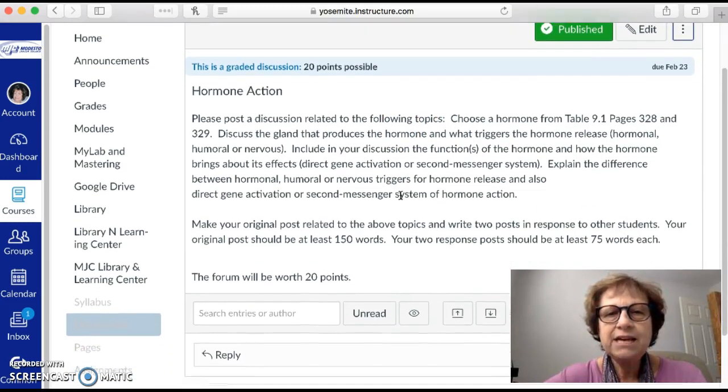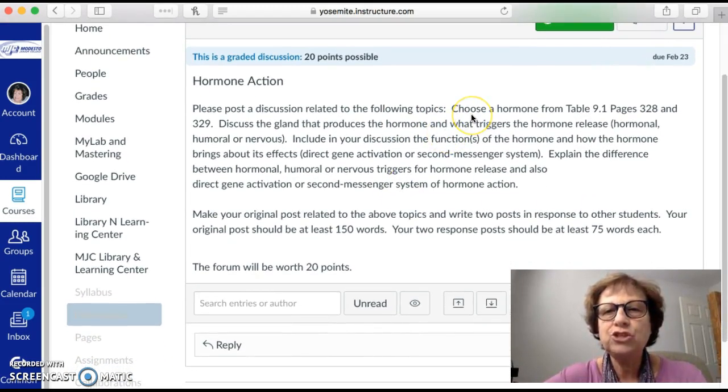For this assignment, it says to choose a hormone. And so you start out picking a hormone that you want to work on, and then you tell the gland that produces the hormone. There are 3 types of things that trigger a hormone to be released from a gland.